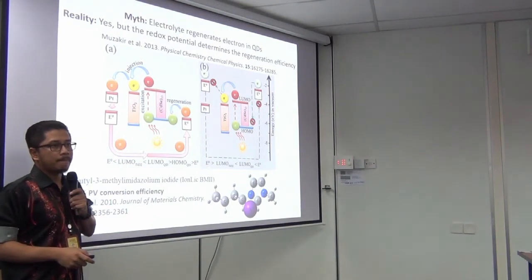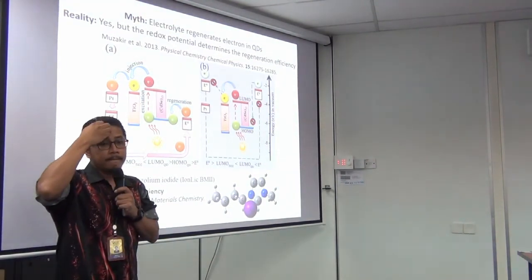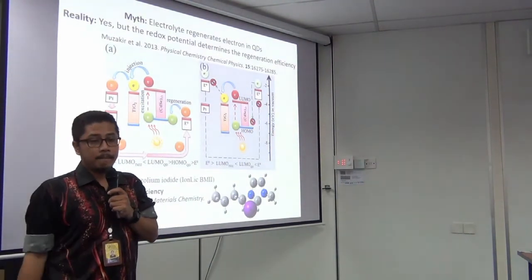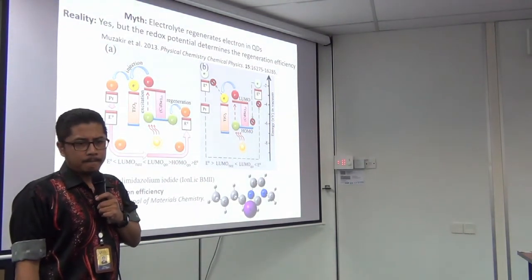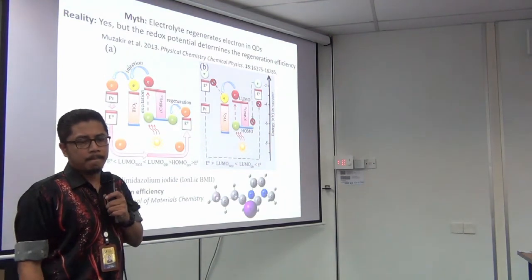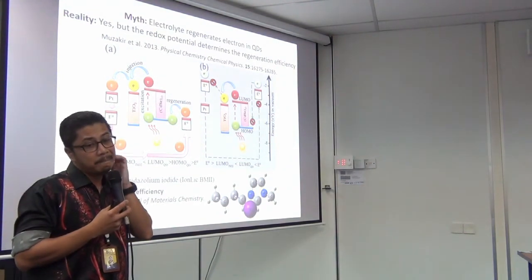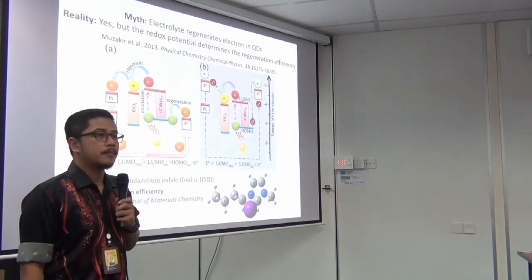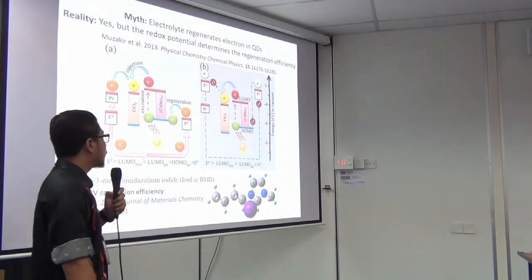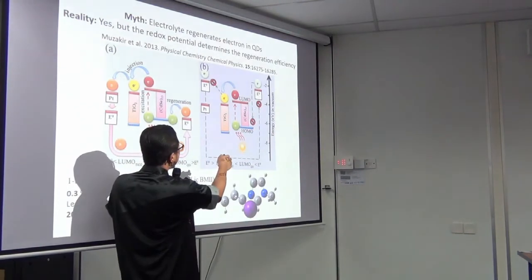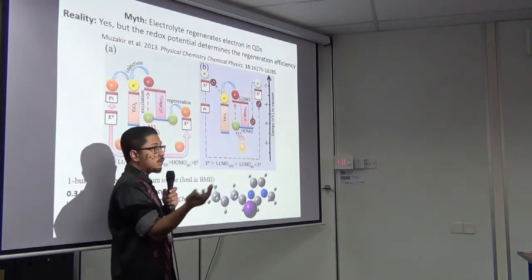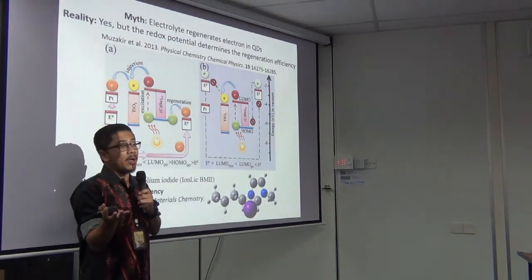I have a question. Based on figure A, the electron from the conduction band of TiO2 you inject to the PT, right? And then to the electrolyte. For the P also, right? PT to electrolyte. So not from the TiO2 to the electrolyte. Yes, same case. If the electron is injected to PT, it cannot go anywhere.